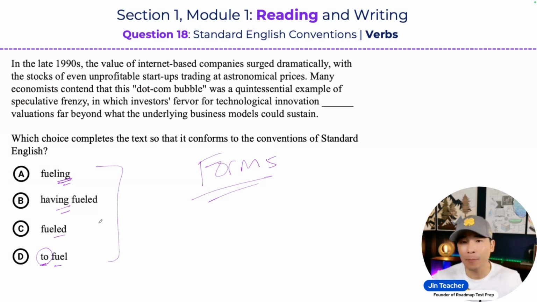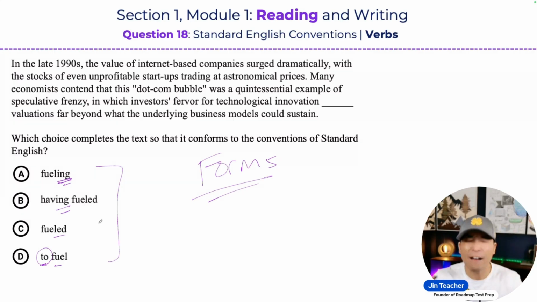And that's extremely important because if you can recognize that you're being tested on verb forms in this question, that's going to affect the way that you read. So it gives you a lot of power knowing that, oh, the SAT is testing me on commas, for example. Oh, the SAT is testing me on verb forms. Oh, the SAT is testing me on subject-verb agreement.